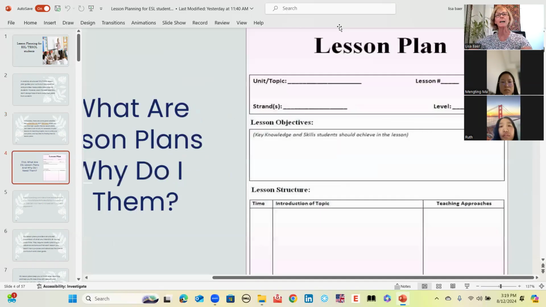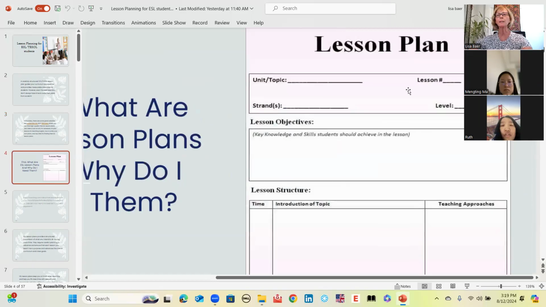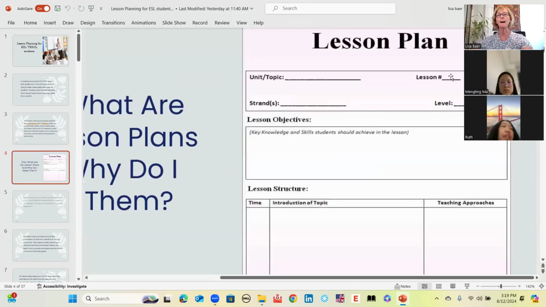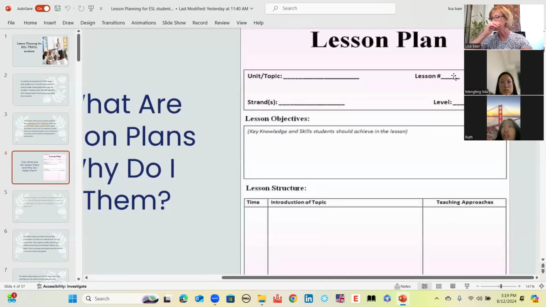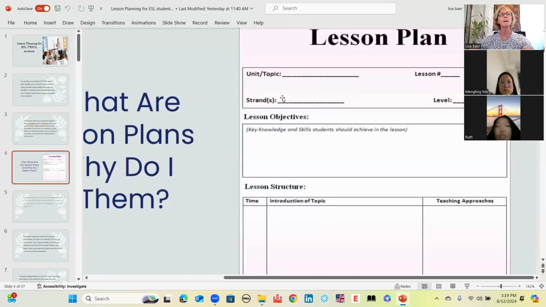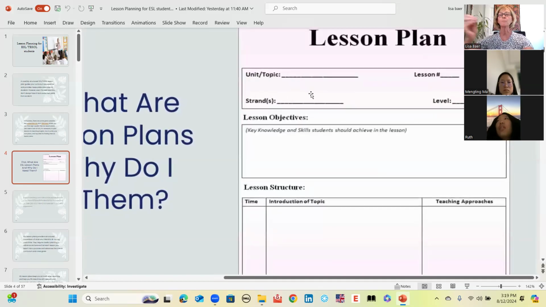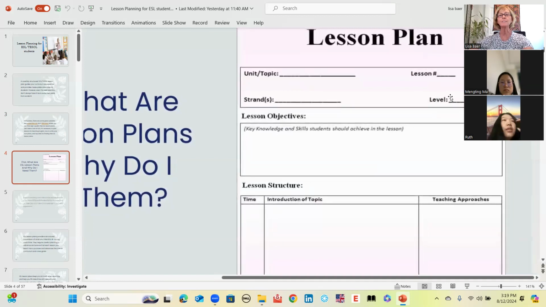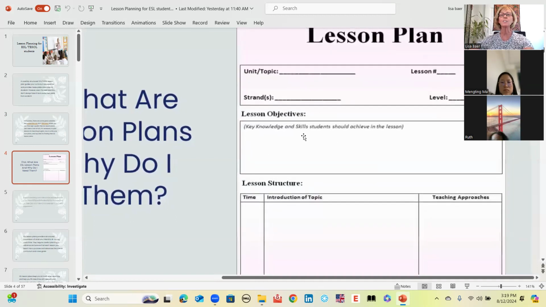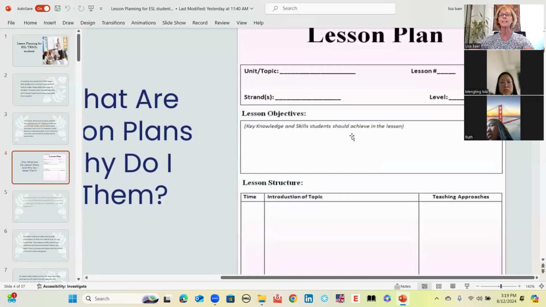And you'll see here, it has unit and topic, lesson number, 1, 2, 3, 4, 5, 6, 7, however many lessons are going to be in this. Strands, meaning what else are you going to do, parts of it, and your level. And then lesson objective, of course, key knowledge and skills teachers should activate or achieve in the lesson.